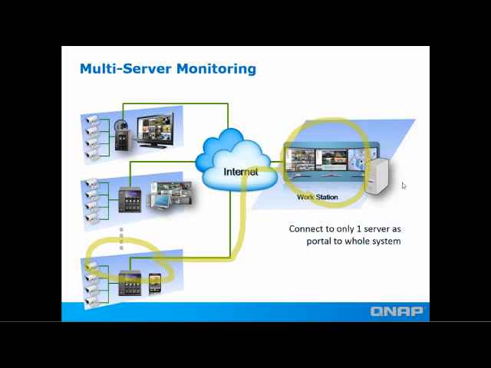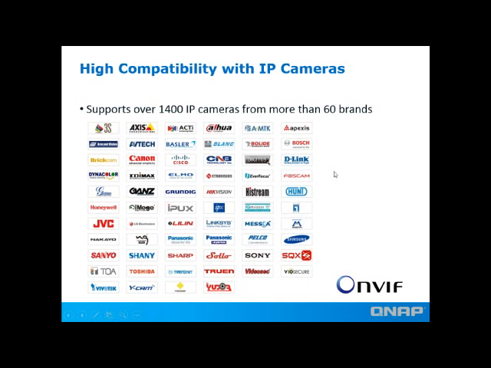So this is a free feature, and you can use this for as many QNAPs as you want to combine them together. So the users will just see one interface, but for the different video images from different servers. And here we talk about our camera compatibility again.